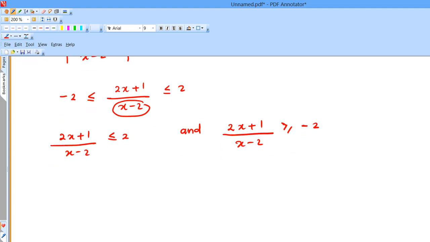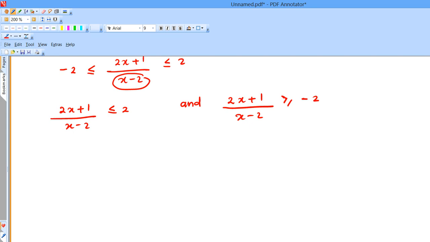So we can solve one by one. Now actually here we have rational inequalities, so you need to write in standard form. Just bring all terms to the left hand side. So we get (2x + 1)/(x - 2) - 2 ≤ 0.